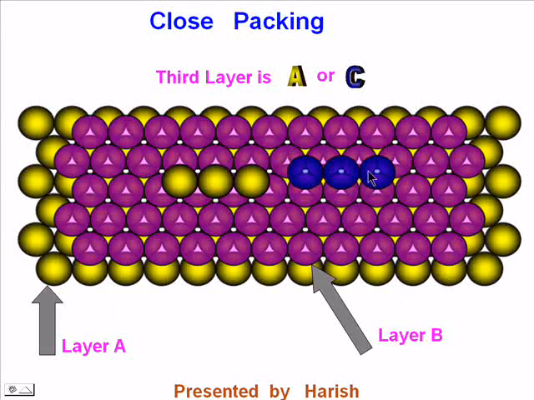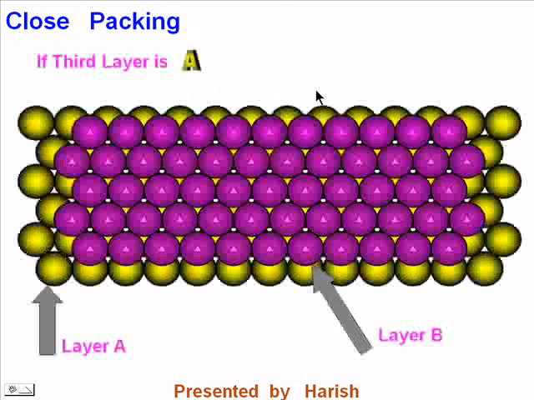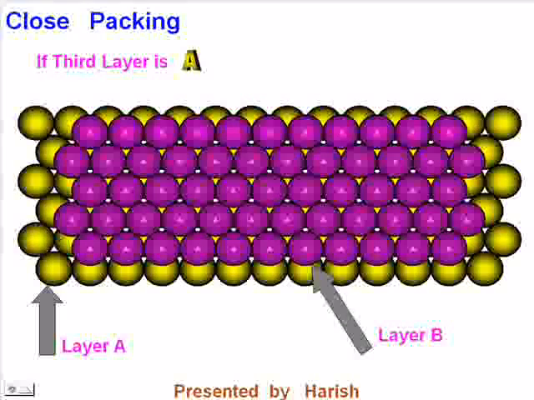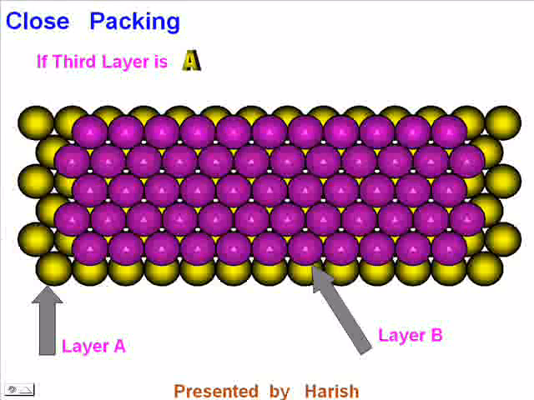These atoms are not above any atoms. So the third layer can be either A or C. Okay, let's see what happens if the third layer is A. So again, similar to A, you have A as a third layer.